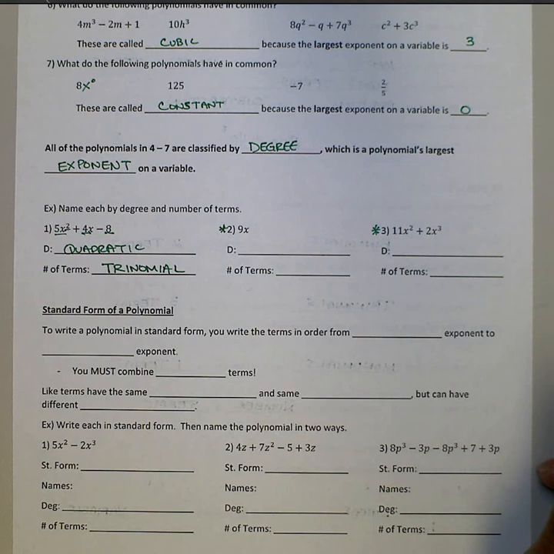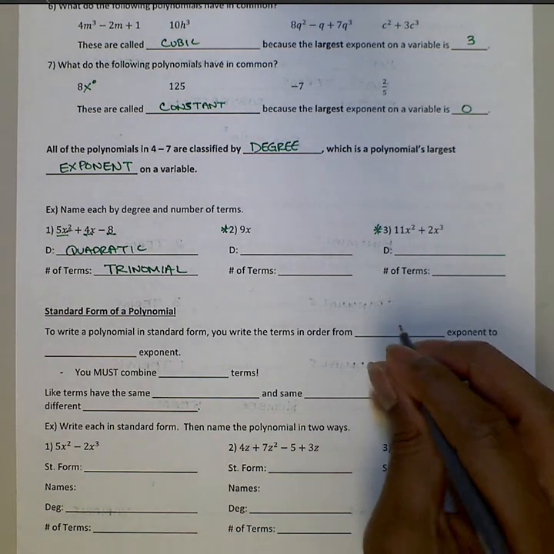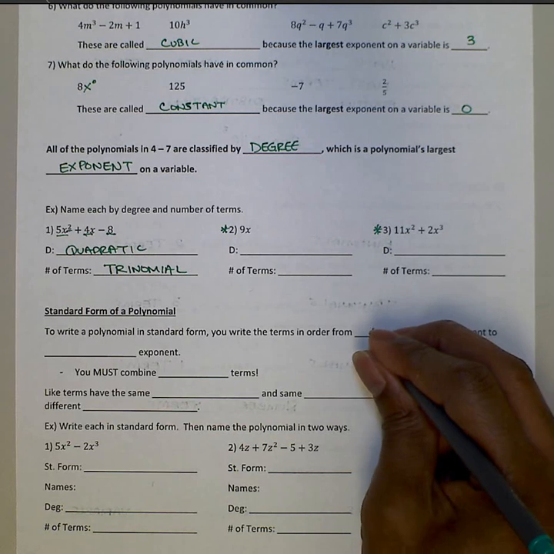Alright, next, when we write polynomials, we'll want to write it in standard form. Okay? And to write a polynomial in standard form, you write the terms in order from greatest exponent, or highest exponent, to lowest exponent.